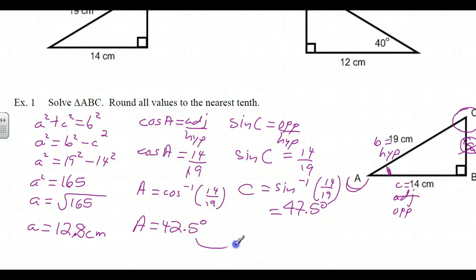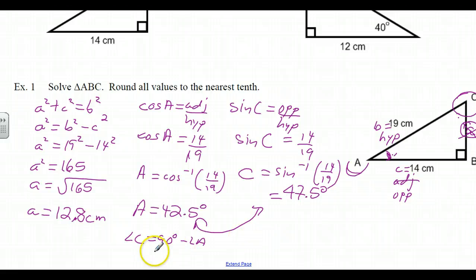Okay, did we have to do both this and this? No. One or the other would have been fine, since we know that these angles are complementary. They must add to 90 degrees. Had I calculated angle A, I would simply have said angle C is equal to 90 degrees minus angle A, which is 90 degrees minus 42.5 degrees, which is 47.5 degrees.